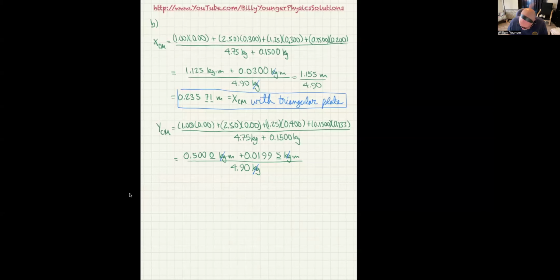That means I have 3 sig figs. And now I got to divide that by 4.90, and that also has 3 sig figs. And those 3 sig figs are 0.106 11 meter.